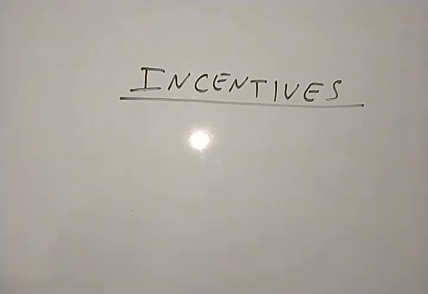Maslow's theory, as we discussed, focused on the needs as the basis for motivation. It helps managers to realize that the needs level of employees should be identified to provide motivation to them.